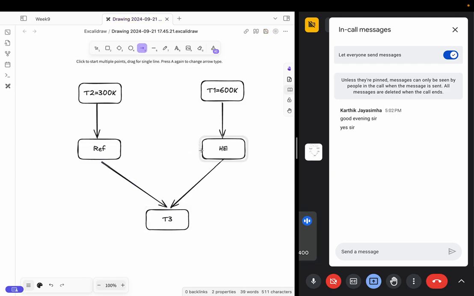There is a net work output by the heat engine that is used to drive the refrigerator. So this is the work done. Let's say this has Q2, this is Q1. You need to find this Q1 and Q2 now.